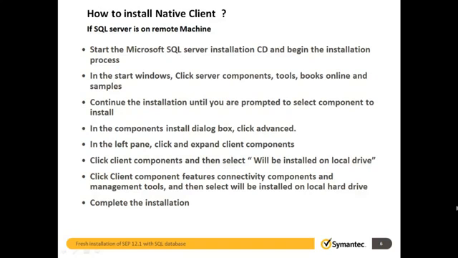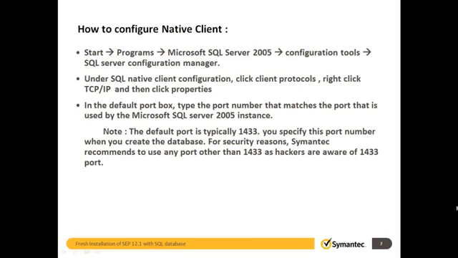In the Components Install dialog box, click Advanced. In the left pane, click and expand Client Components. Click Client Components and then select Will be installed on local drive. Click Client Component Feature Connectivity Components and Management Tools. Then select Will be installed on local hard drive, and then complete the installation.